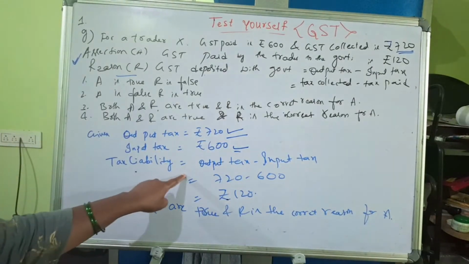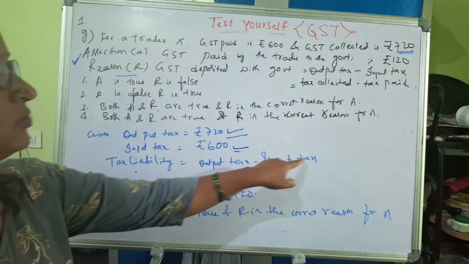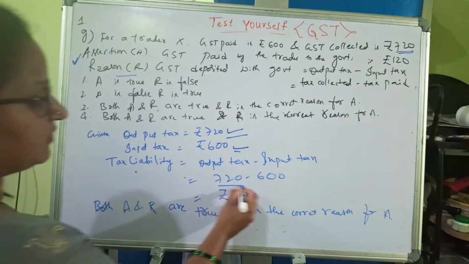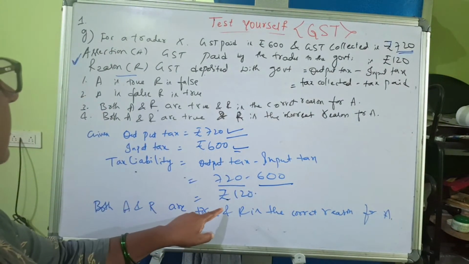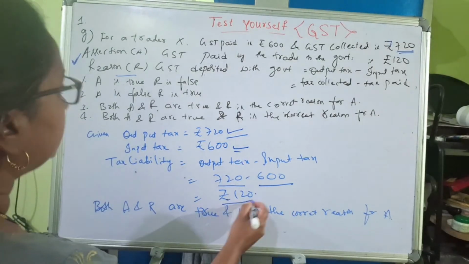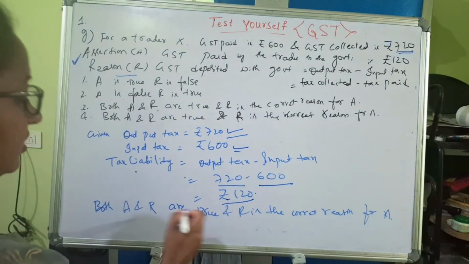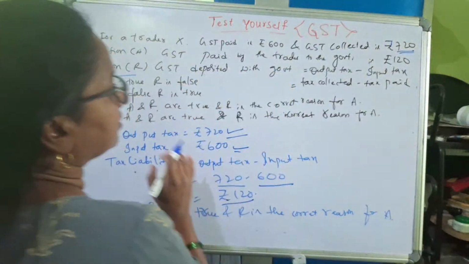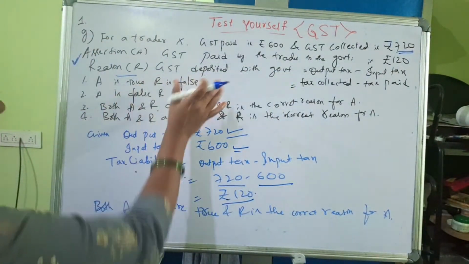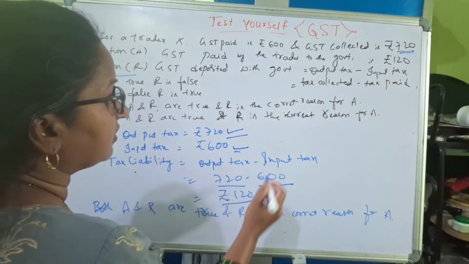So tax liability is equal to output tax minus input tax, which is 720 minus 600. So the tax liability is rupees 120. This tax liability means the GST deposited with the government by a trader is rupees 120.